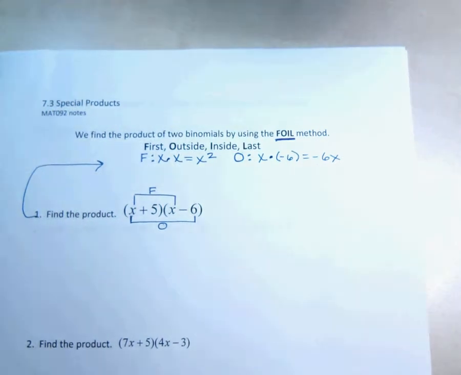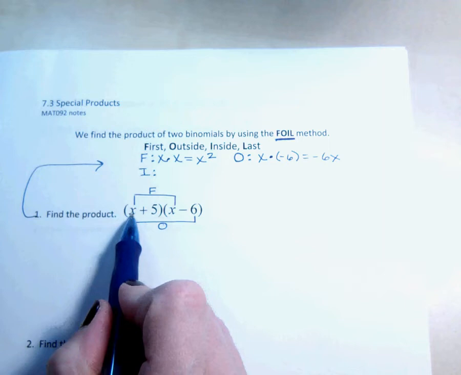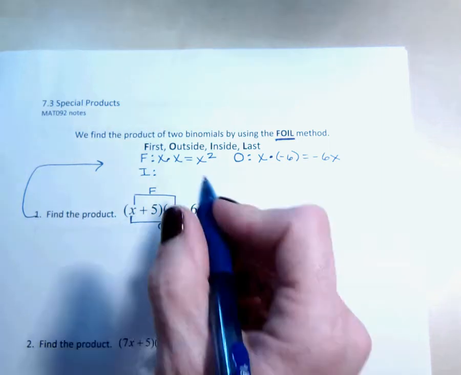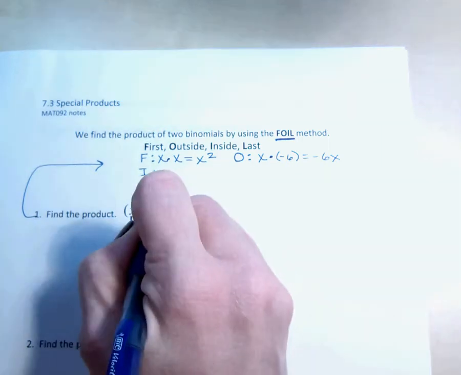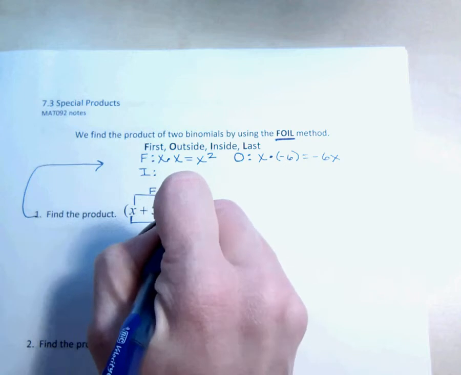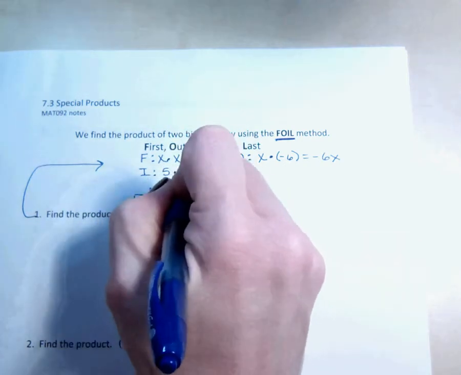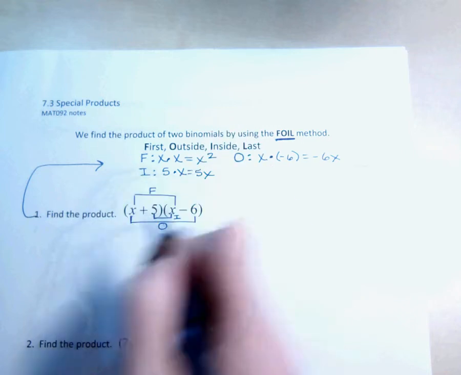Okay, let's look at I for inside. Again, if you think of these as 4 terms from left to right, the 2 inside terms are the 5 and the x. Those would be I for inside. So 5 times x gives us 5x.